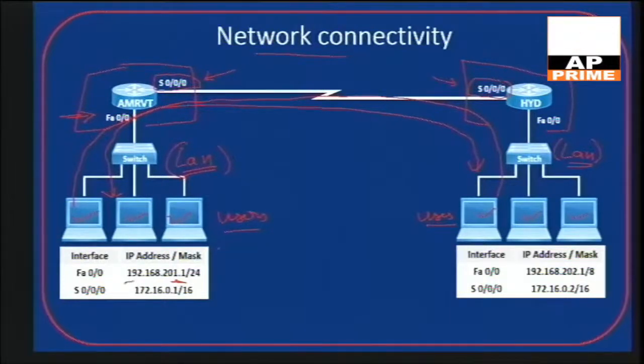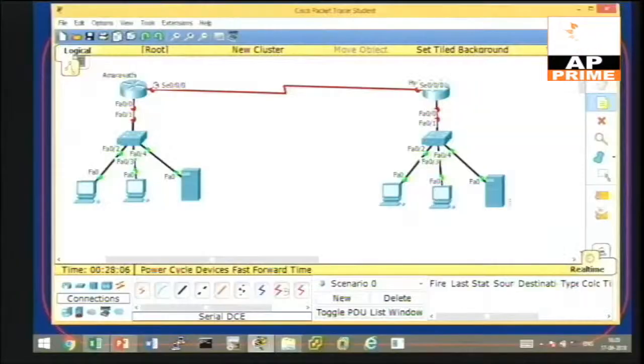The IP address used in AMRVT is 192.168.201.x, like 1, 2, 3, 4, 5 for various network devices. Similarly, the IP address that we are using on the Hyderabad network is different from that used in AMRVT, that is 192.168.202.1 for the router, and then similarly for other computers we'll have different unique IP addresses. So let's follow the same structure in our example as well.